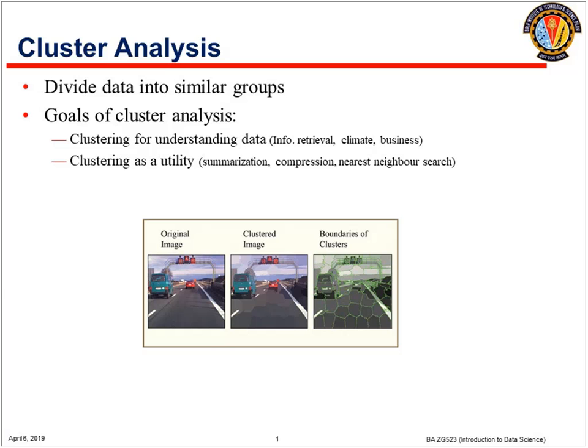Once you have got the clusters, the next step would be to summarize that cluster. So a cluster of certain news, let's say sports news. Let's say you have got 1000 tweets about a certain sporting event.